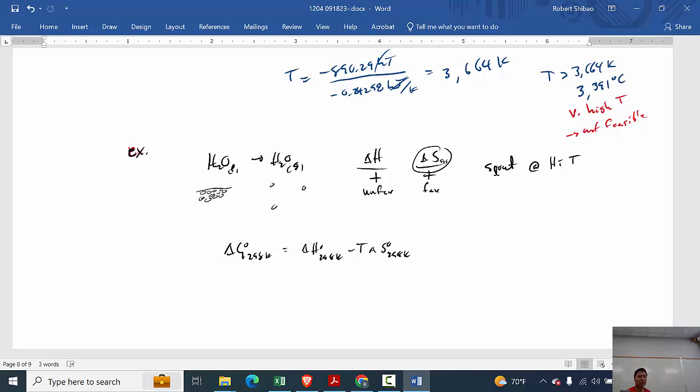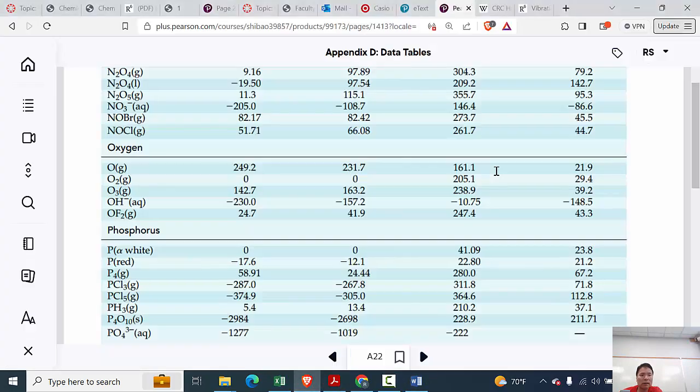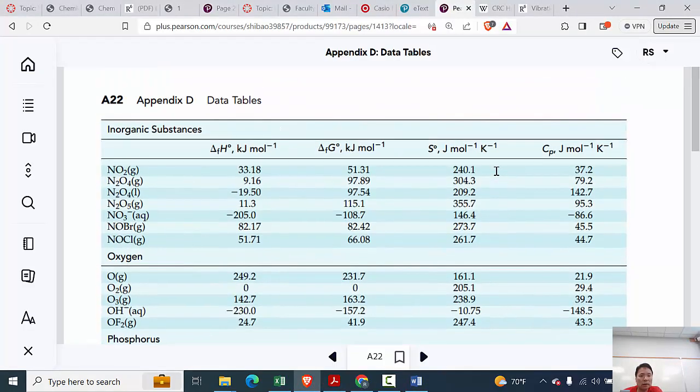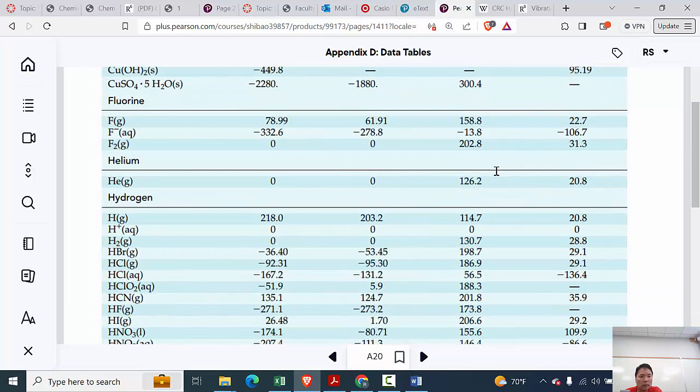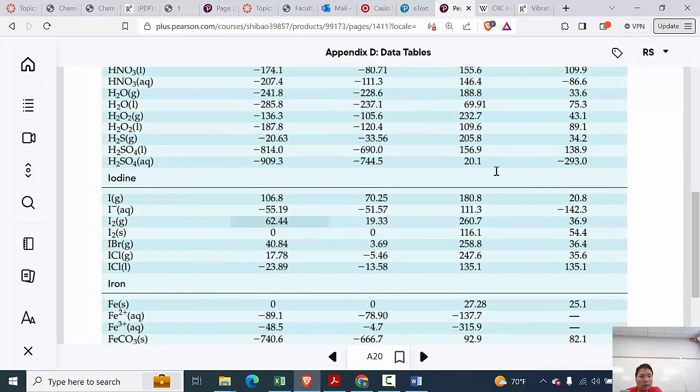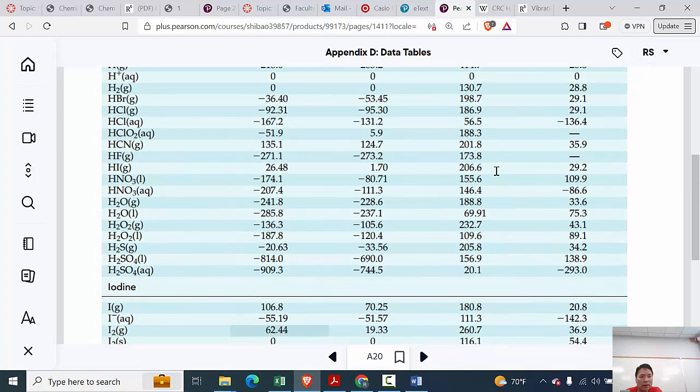Now, for H2O liquid, let's go to the table and take a look at the values here. Actually, I guess I had the values up there earlier.